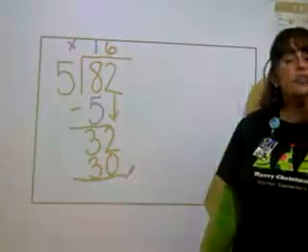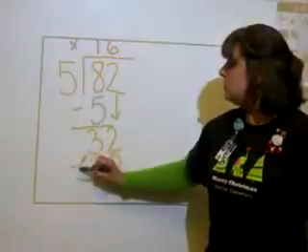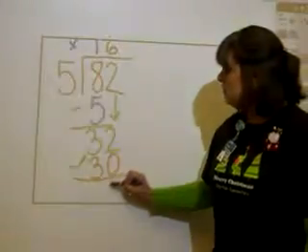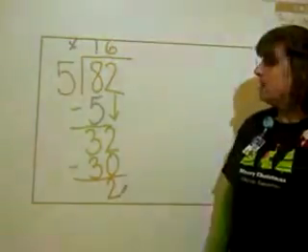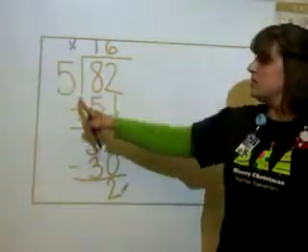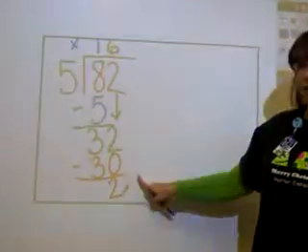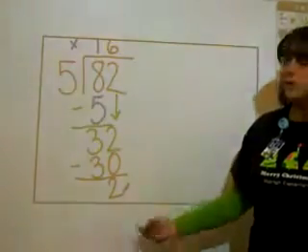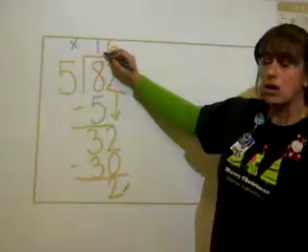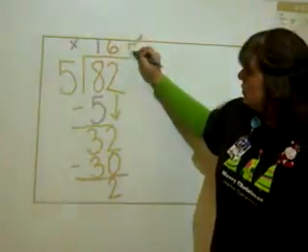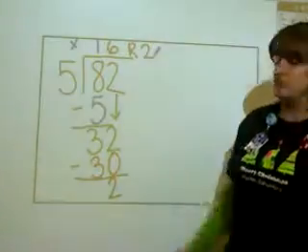Then you need to make sure that you subtract. 32 subtract 30 leaves you with 2. Compare. Is 2 smaller than 5? Yes, it is. So we did a good job. Do we have any number to bring down? No, so we're all done. So our correct quotient is 16, remainder 2.